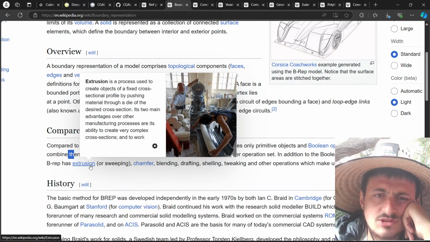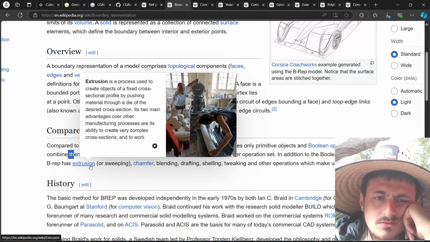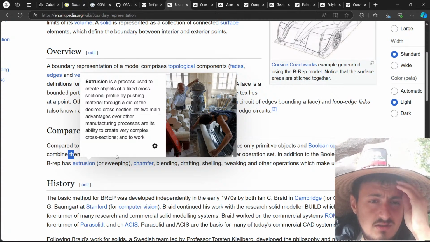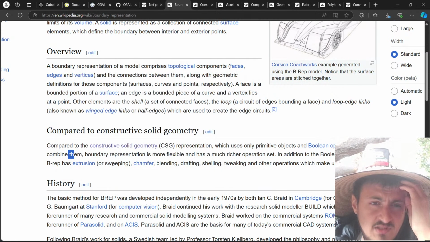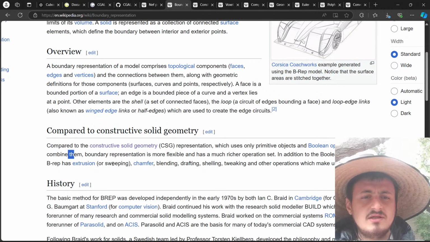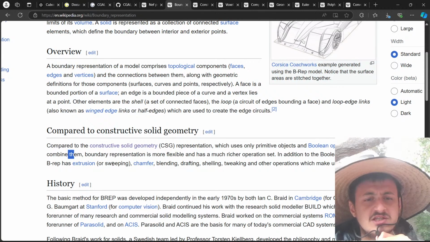But extrusion, is extrusion simply a... I guess it is. Extrusion may just be a sweep.